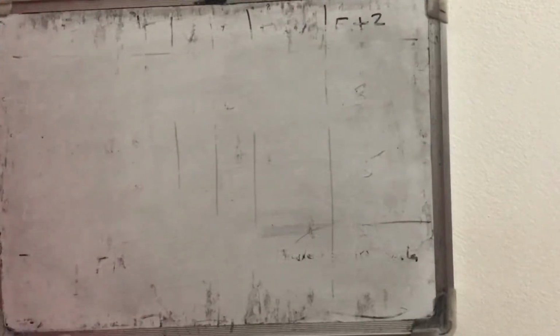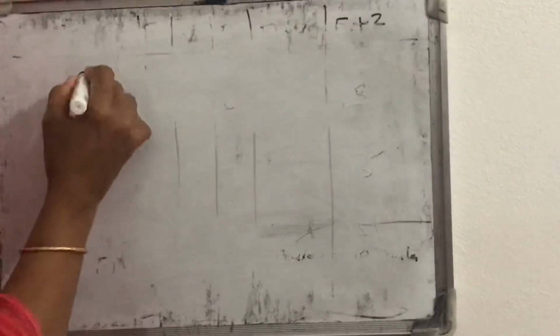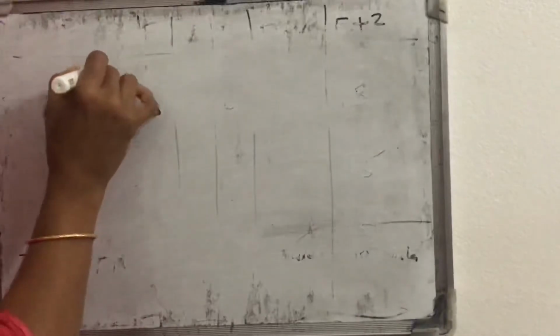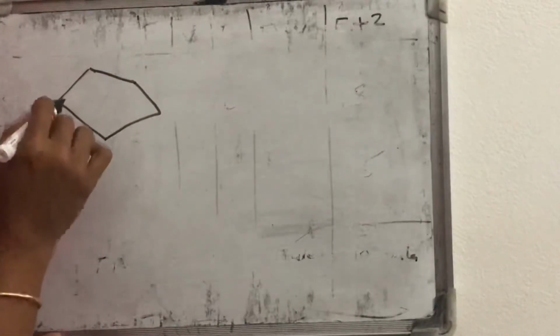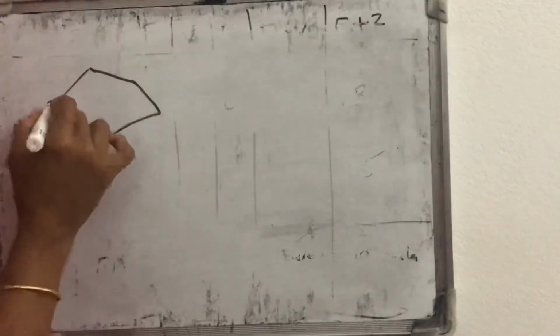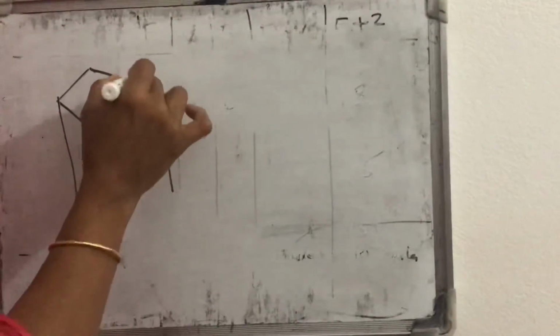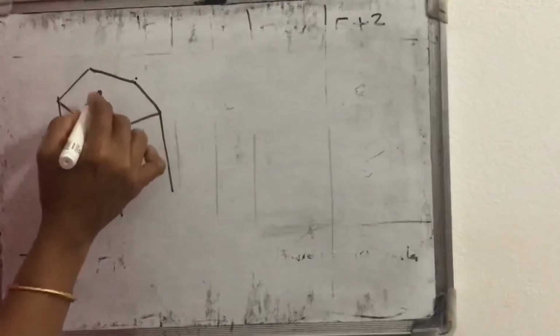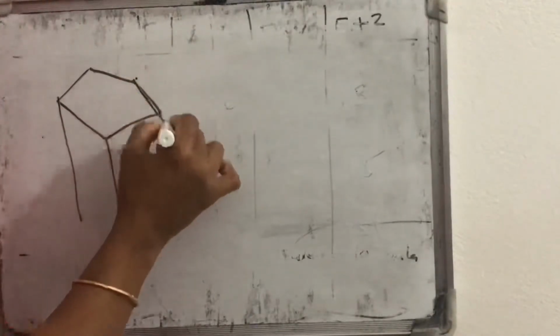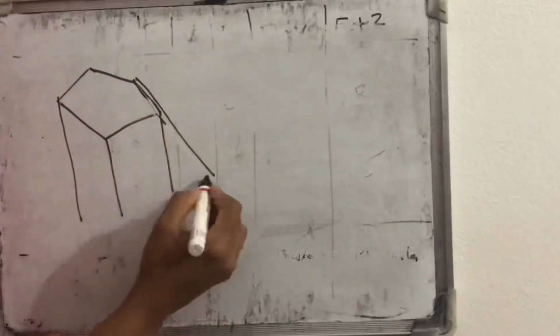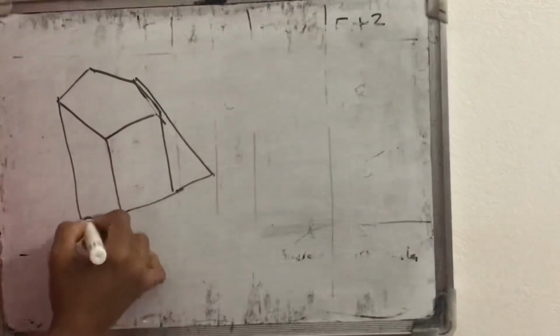Here 2 figures are given. 5 faces are 1, 2, 3, 4, 5 faces are there, and you can see the same figure in the textbook.